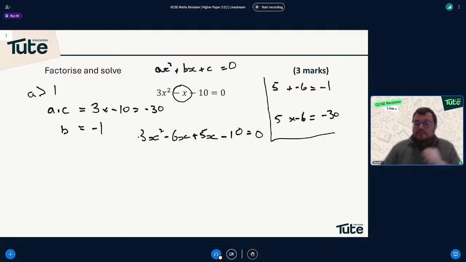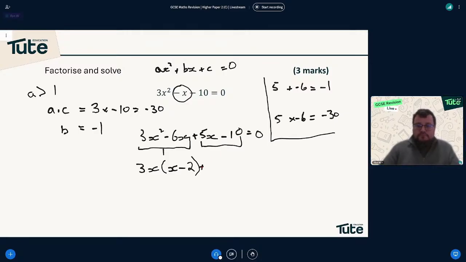Right, again, as I said earlier on, split it. So what I'm going to do is I'm going to factorize this bit here. Right, on the outside, I'm going to go 3x, and on the inside, it's going to be x, take away 2. And then I can factorize this bit here. So 5 is going to go on the outside, x, take away 2.